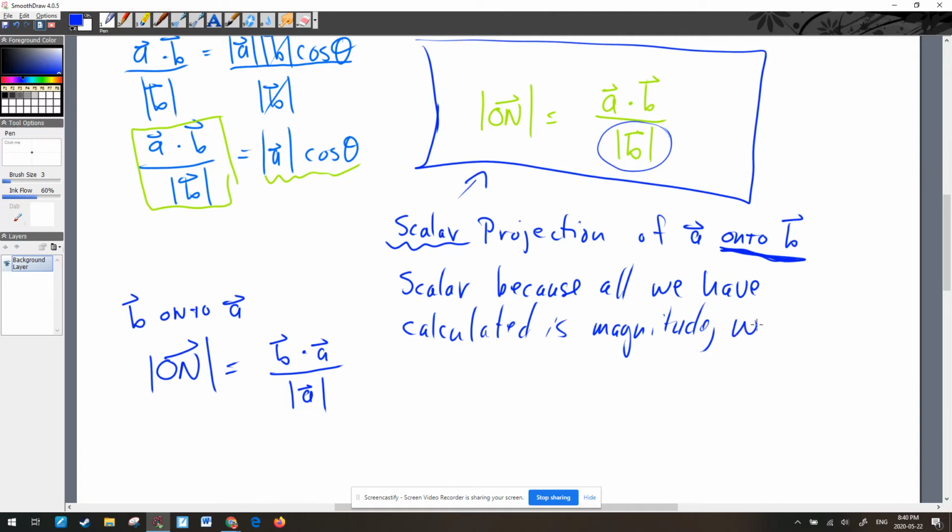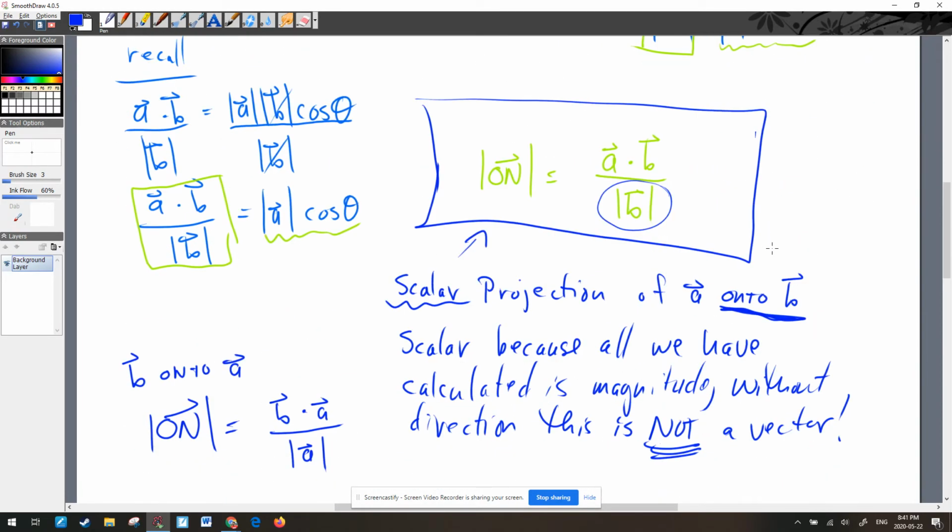Okay, so without direction, which it doesn't have, this is not a vector. Okay, so there is our definition. That is the scalar projection of A onto B. That's our definition. If I was doing it in Smart Notebook, I'd use the rainbowy highlighter, but it's a big deal, right? So this is one of our definitions, and it's a definition that I would encourage you.